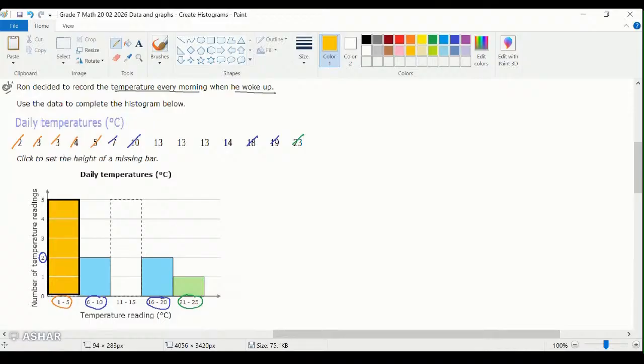What about the second part? 11 to 15: 1 value, 2 values, 3 and 4. That means there were 4 readings between 11 and 15 degrees, right? The frequency of the readings is 4. That means we create a bar with a height that represents 4.